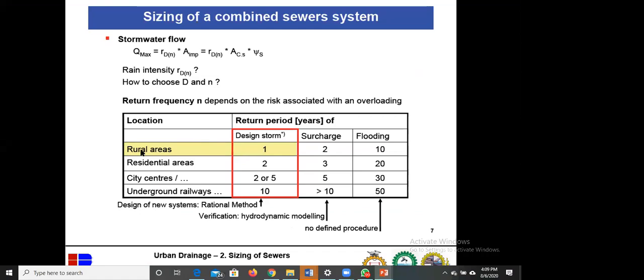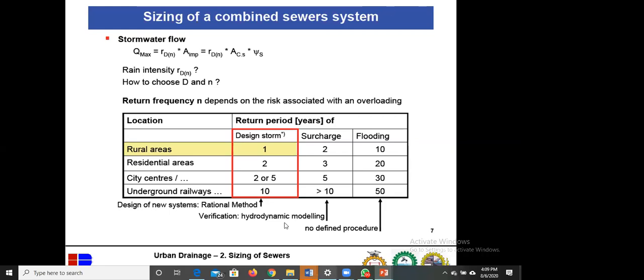If you are designing for storm, which is a normal thing, your drain, the one we call gutter in local parlance, the one we do in front of your house, you're designing for storm. When you're designing for rain, your design is: if rain falls, what is the size of the drain that can take the water into the bigger drain, and from the bigger drain into the river or outfall point.